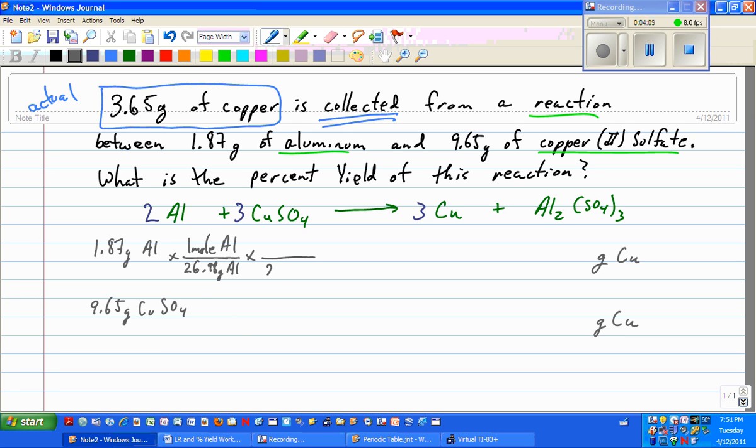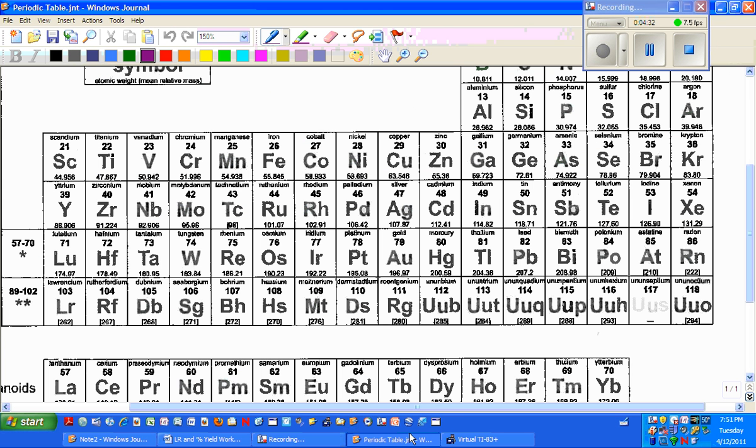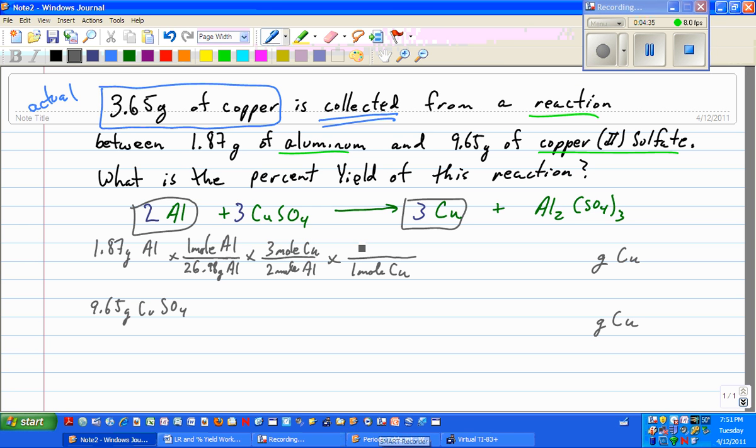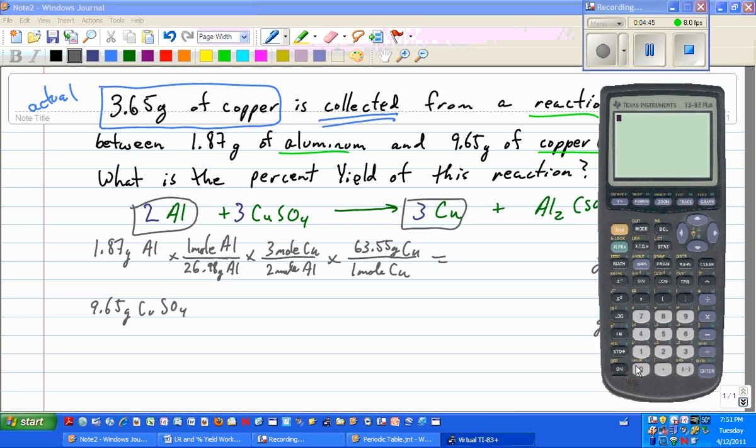So we're looking at 2 moles of aluminum on the bottom and 3 moles of copper on the top. They're the two things that I'm interested in. Times 1 mole of copper on the bottom, and it's 63.55 grams of copper on the top.